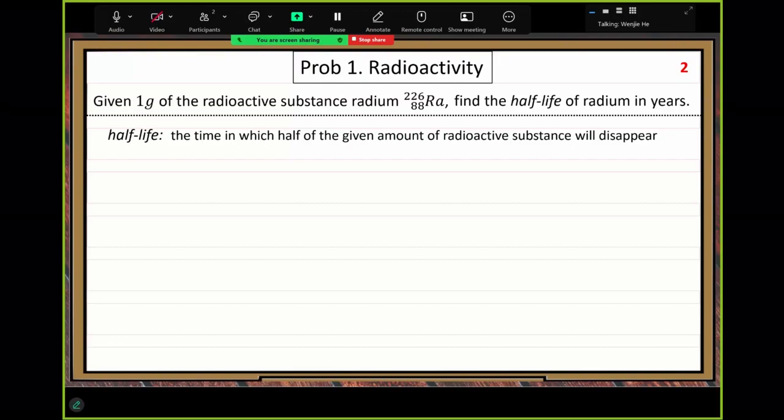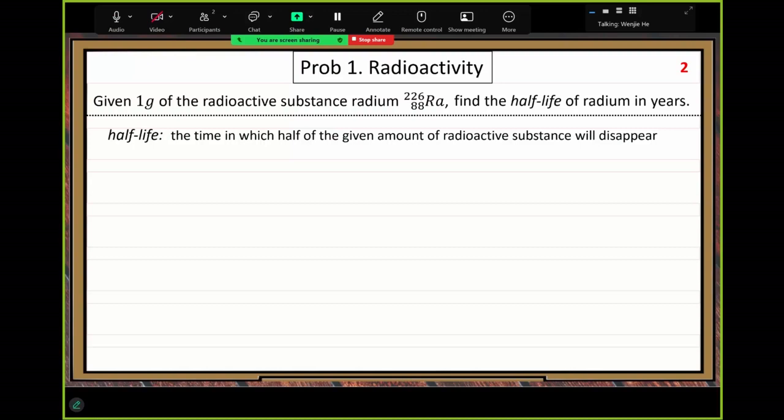The original substance disappears because there is some chemical equation. By the radioactive property, it changes to a different substance, so you cannot measure the same amount of the original substance.